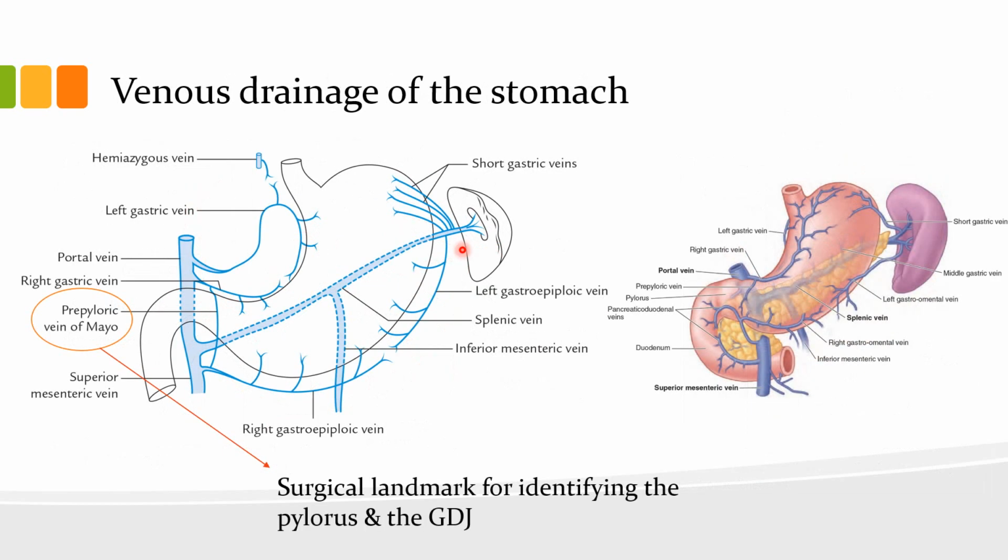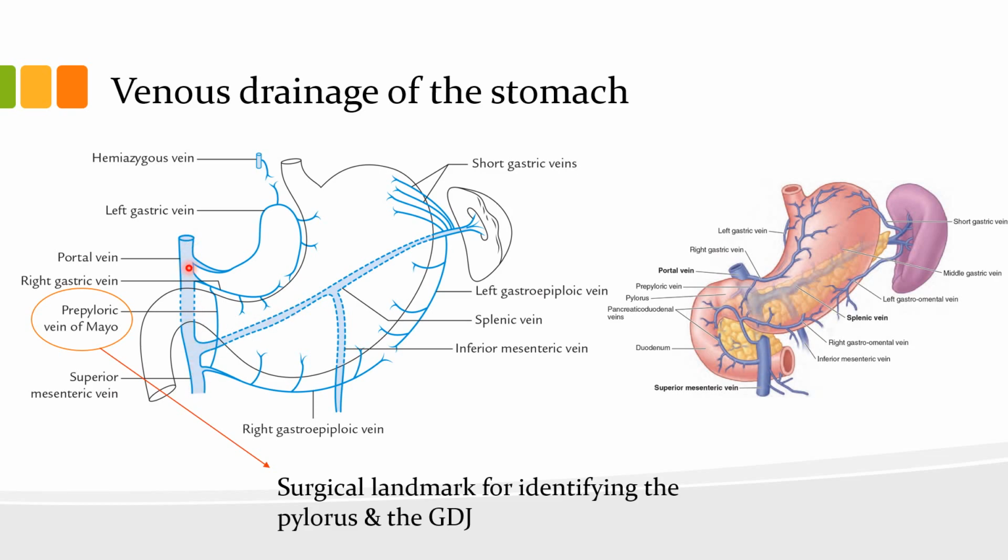The venous drainage is different from the arterial supply. The venous blood of the GIT has to pass through the liver before going into the inferior vena cava. The vein that carries this venous blood to the liver is known as the portal vein. The portal vein is formed behind the first part of the duodenum and the pancreas. It is formed by the union of the splenic vein and the superior mesenteric vein.